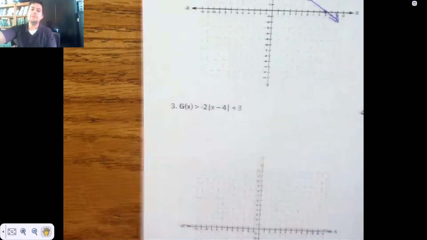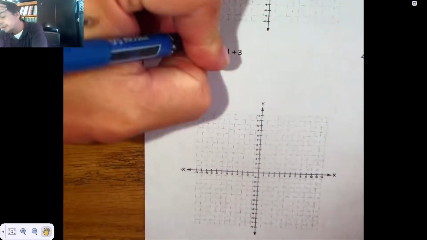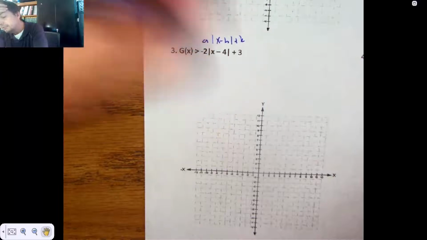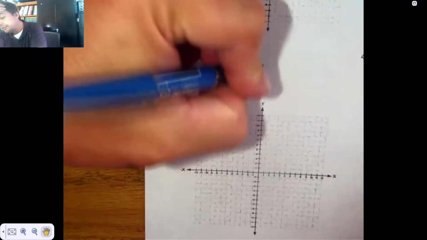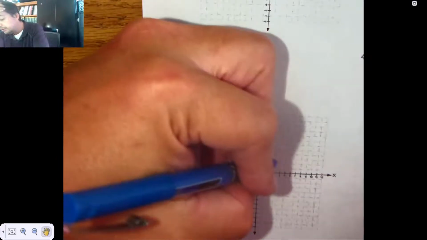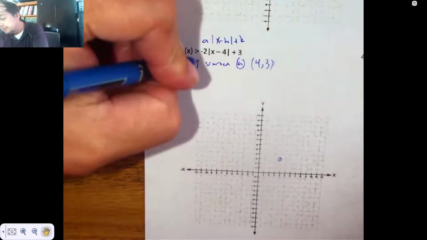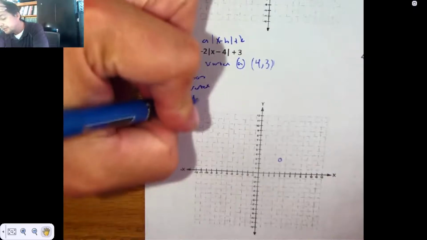3, we have absolute value. This is in the form A, absolute value of x minus h, plus k. So my vertex is at 4, 3. I'm going to open hole it. Notice that right there? Open vertex, dashed sides.